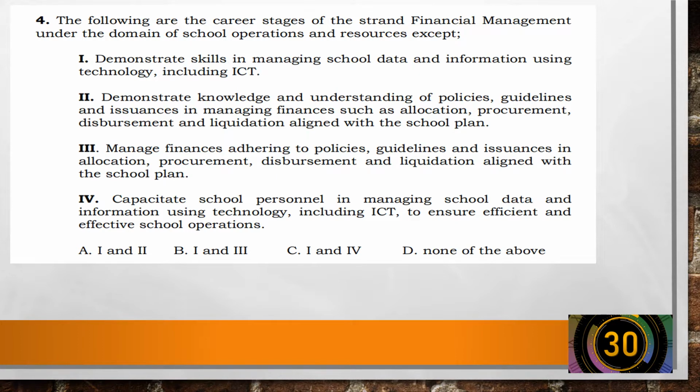Manage finances adhering to policies, guidelines, and issuances in allocation, procurement, disbursement, and liquidation aligned with the school plan. 4th, capacitate school personnel in managing school data and information using technology, including ICT, to ensure efficient and effective school operations.